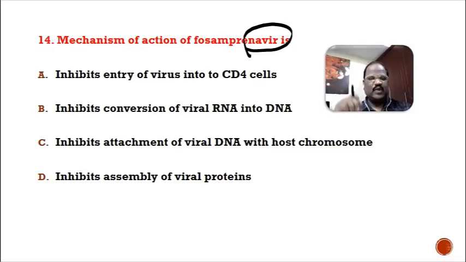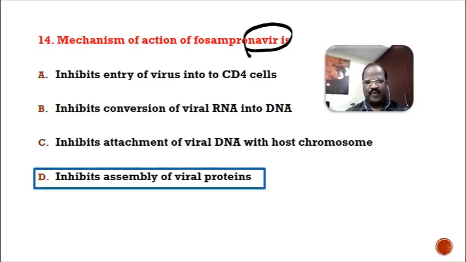With this in mind, go to the options: inhibiting entry, inhibiting conversion of RNA into DNA, inhibiting attachment of viral DNA to host chromosome, inhibits assembly of viral protein. So straight question, inhibiting assembly of viral protein, thereby inhibiting maturation of viral protein. That's the important mechanism of action of protease inhibitors.